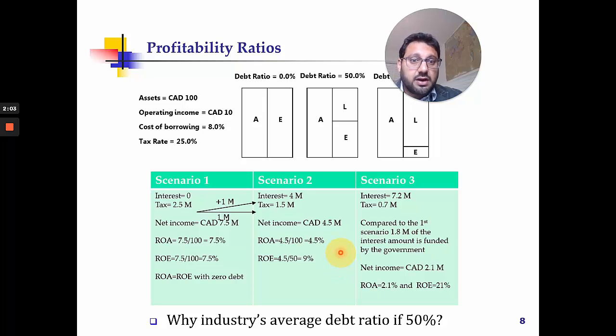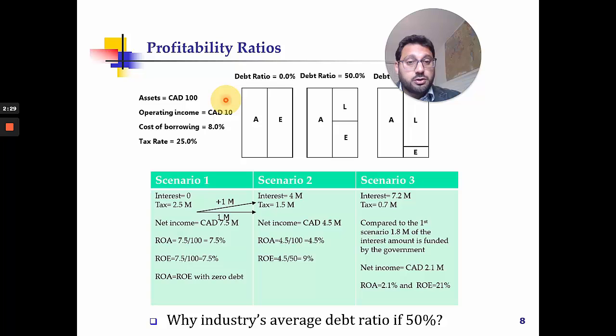Check our third scenario, where we have 90% debt. Out of 100 million worth of assets, 90 million is financed by debt. So the interest at this rate is 7.2 million, and the tax is 0.7 million.